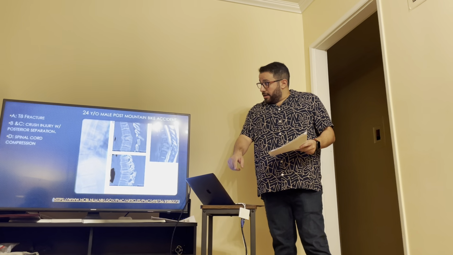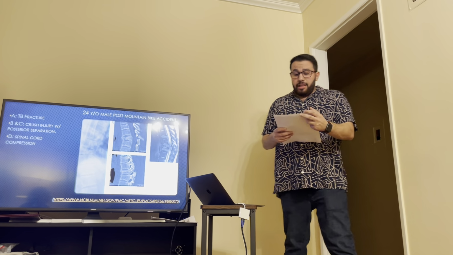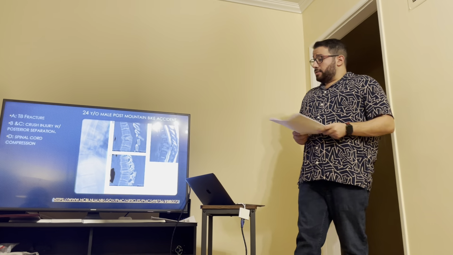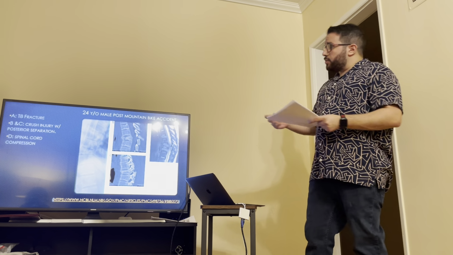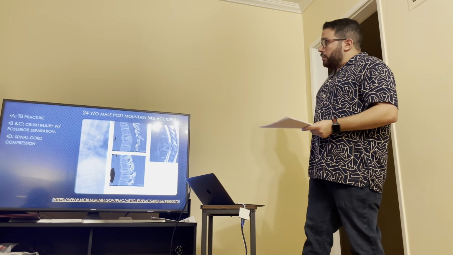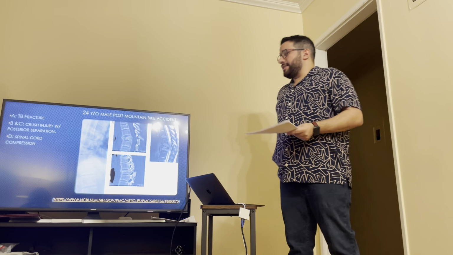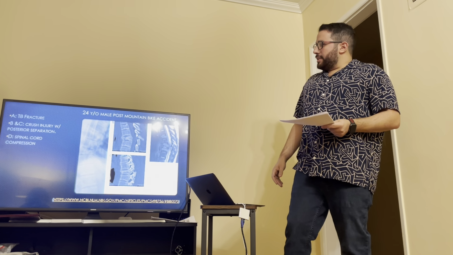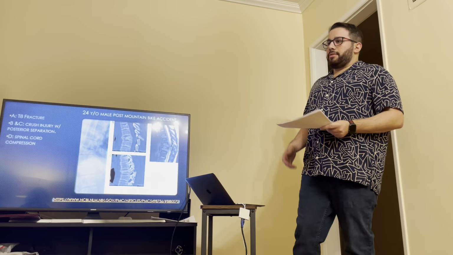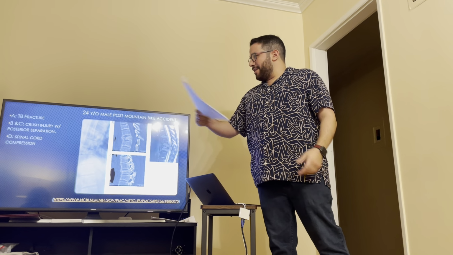So here we've got a case study that was done by Bernhard Tings regarding bone abnormalities, and this image was taken of a 24-year-old male post-mountain bike accident. Now, I know it is a little bit difficult to see because it is a regular radiograph and there was a lot of penetrating power required.